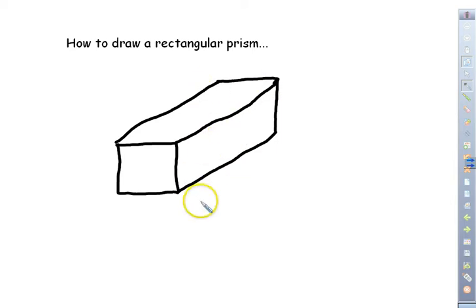Now to make it more 3D, you're basically making this square in the back part of this. So we're going to bring down with dotted lines that line, and then dotted lines for the bottom of this one to match up. So you can see the two squares that resemble each other.